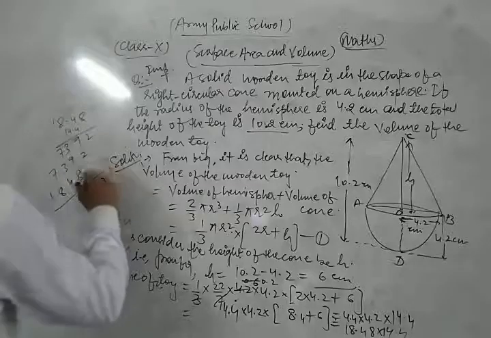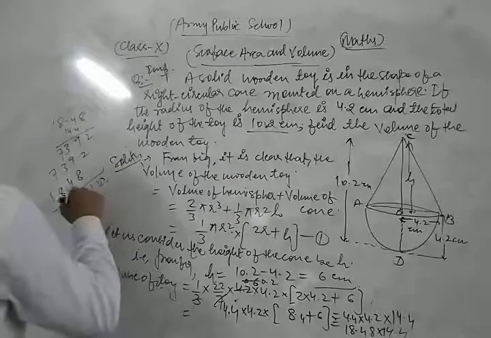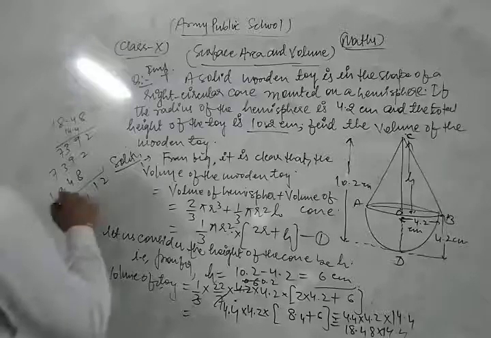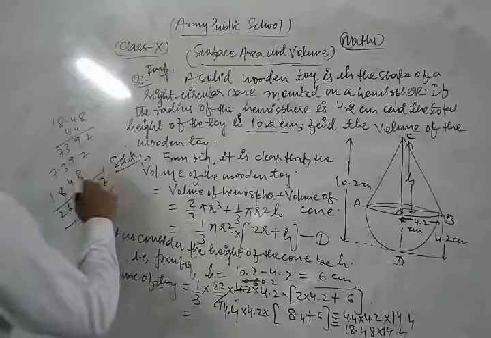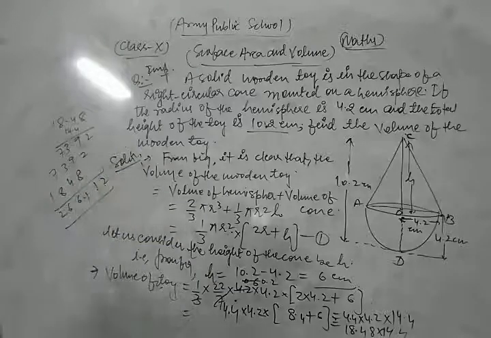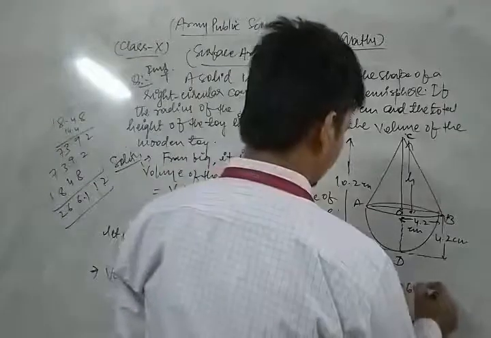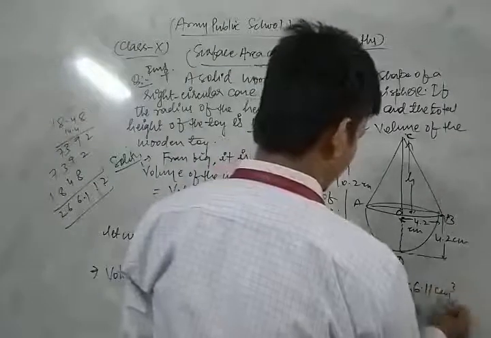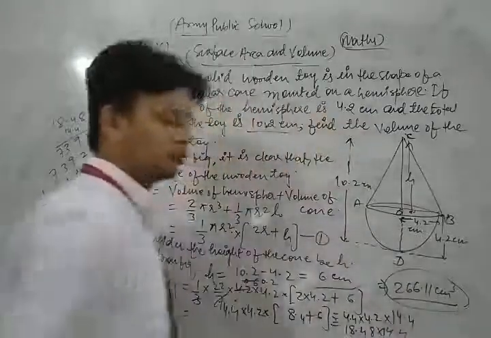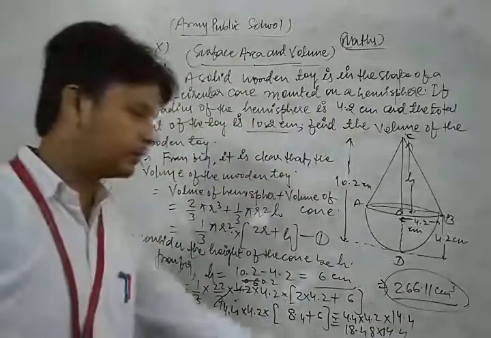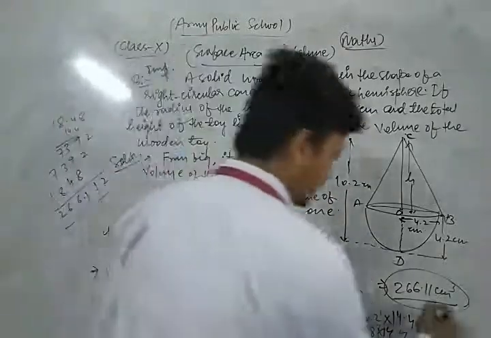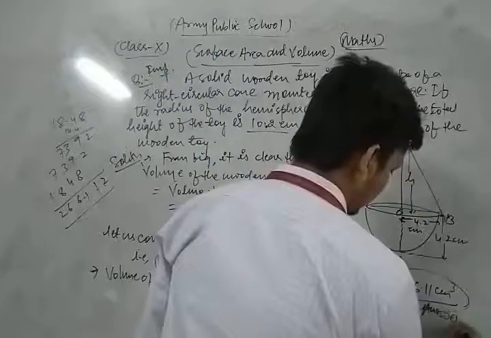Dividing them, 1 2 3, 1 2 3. So 266.11 something. So dear, the required answer is 266.11 centimeter. After multiplying these things, we get our result.